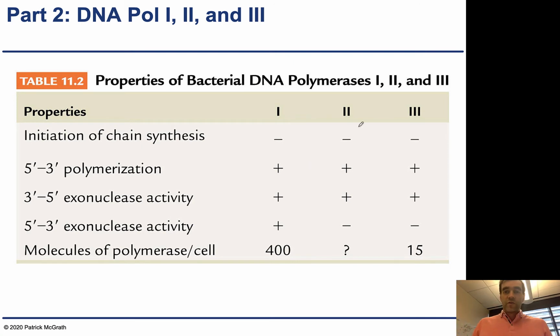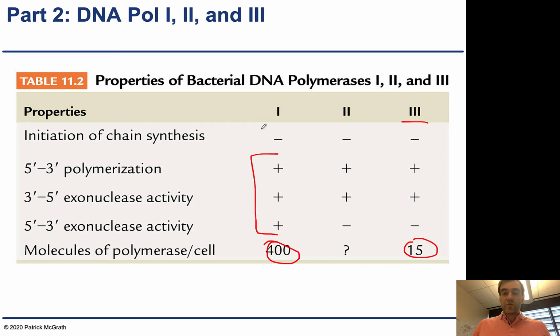If we look at these 3 polymerases in the cell, this summarizes what they can do, and this is the number of molecules we find in the cell. There's about 400 of these, and only 15 of these polymerases in the cell, and it's unknown exactly how many polymerases these are.